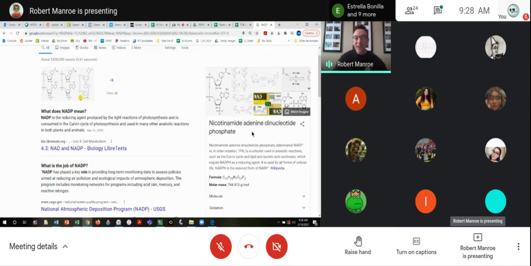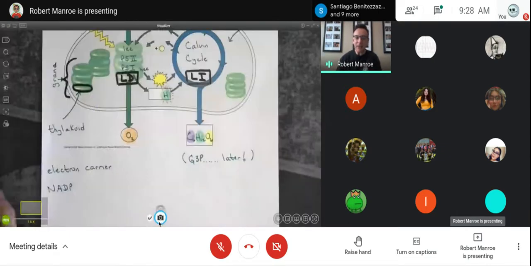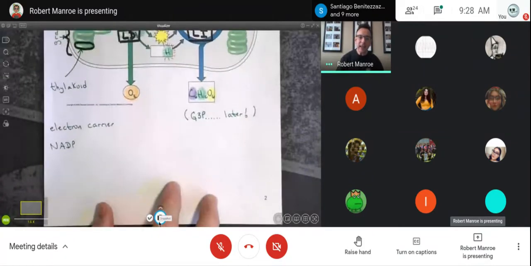Nobody says that. What do we call this molecule? Of course, we all call it NADP. But if you want to know the formal name, there's the formal name.